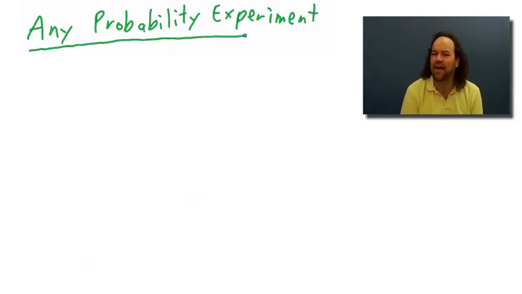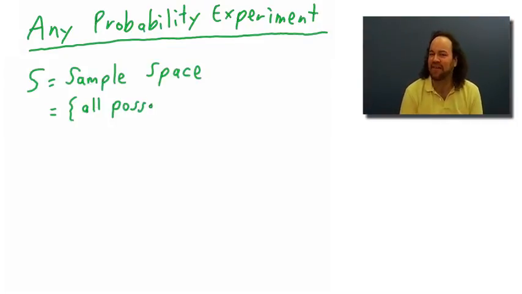So now let's try to make this a little bit more general by giving the basic rules of probability. In any probability experiment, we have a collection of possible outcomes, which is normally written as a capital S, and it's called the sample space, and it's the set of all possible outcomes.